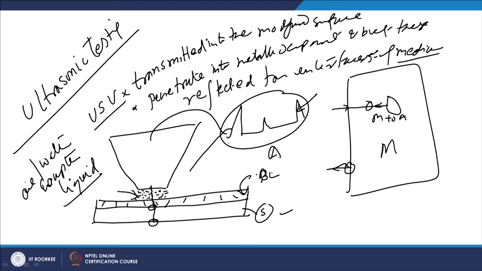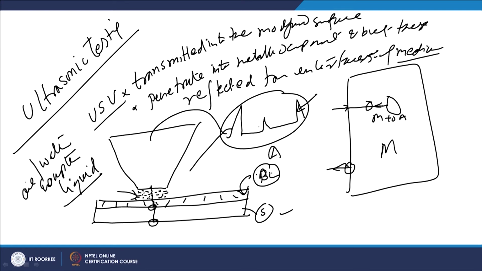The first and strong peak is coming from the air to the modified surface metal interface. Then there will be one weak peak reflection coming from the interface of the layer of the material which is applied and the substrate.